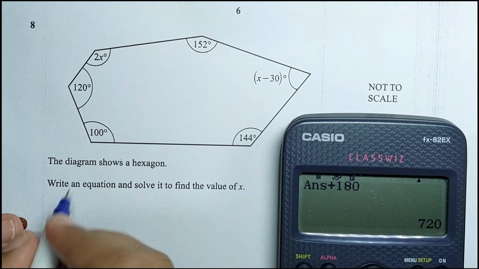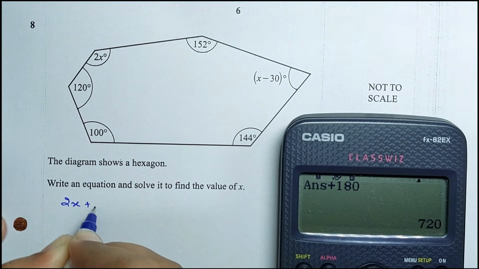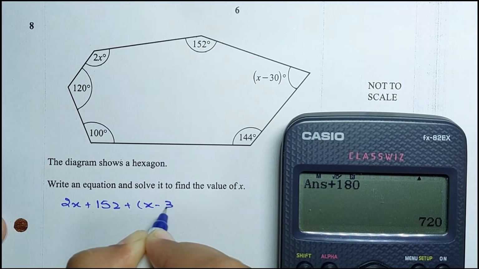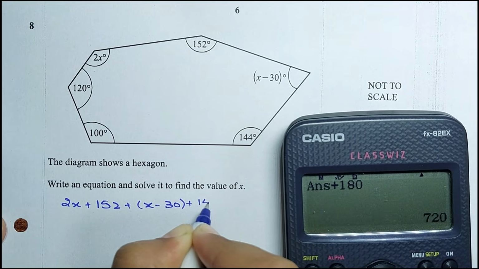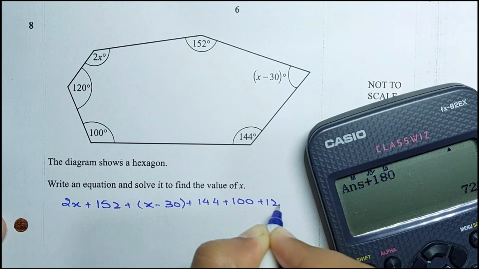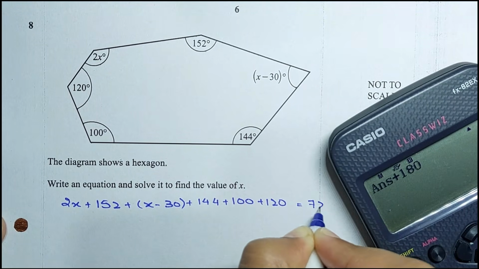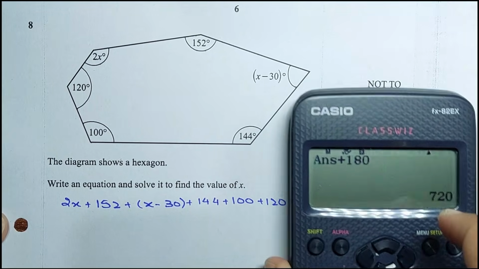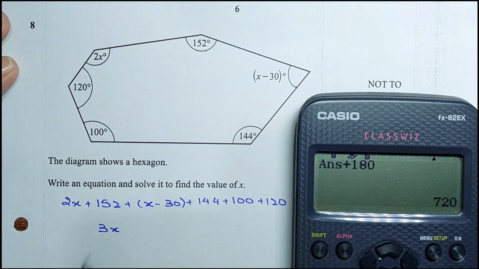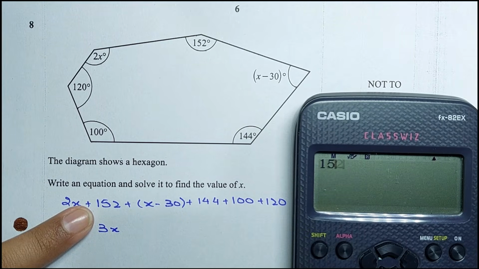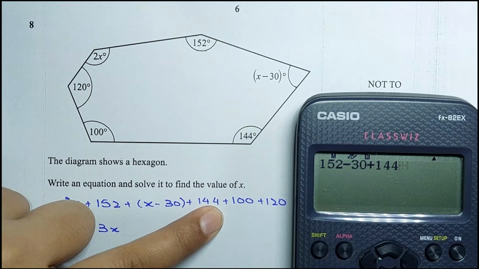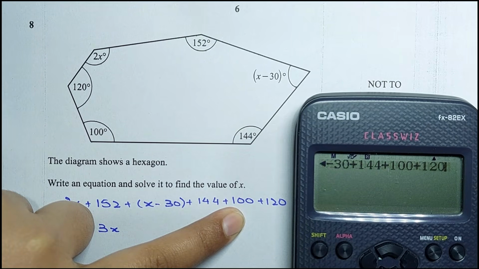So let me start from here. 2x plus 152 plus x minus 30 plus 144 plus 100 plus 120 adds up to 720. Right, let me simplify now. This is 2x and this is x. This adds up to 3x. Now simplify 152 minus 30 plus 144 plus 100 plus 120.